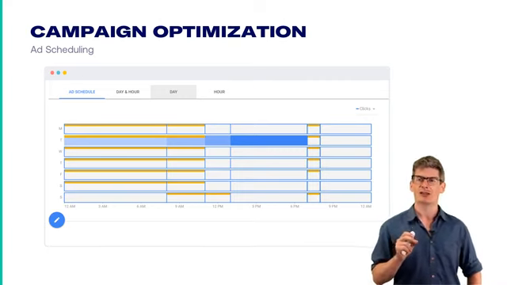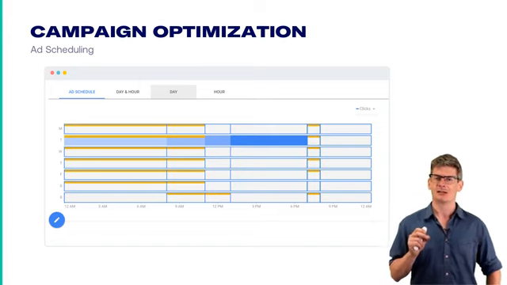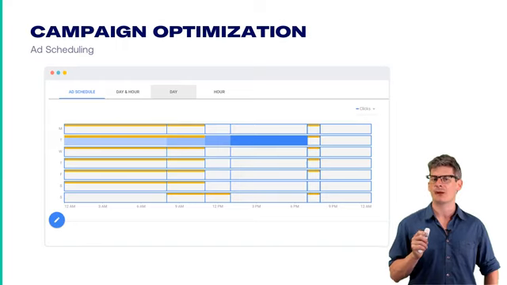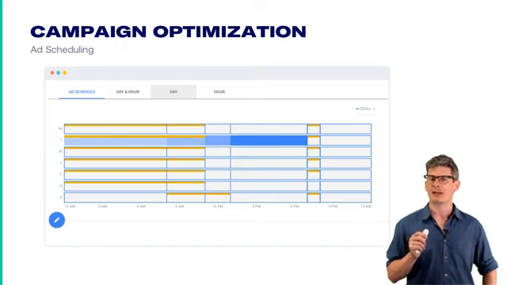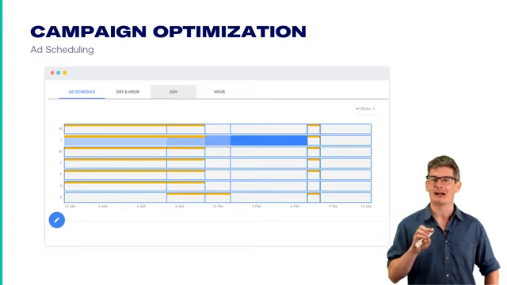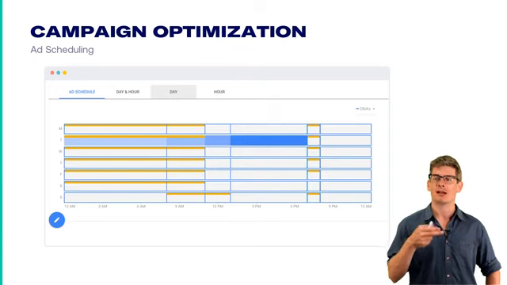So not only can you turn your ads on and off at certain points of the day and days of the week, you can say, I'm willing to pay 20% more for traffic between 11 o'clock in the morning and 2 o'clock in the afternoon, because that's when most of my conversions happen. So you can bid more aggressively at the time when you know conversions are likely to happen, and therefore hopefully beat the competition to those clicks. It's a very good way of deep diving into the purchase timings around your activity.